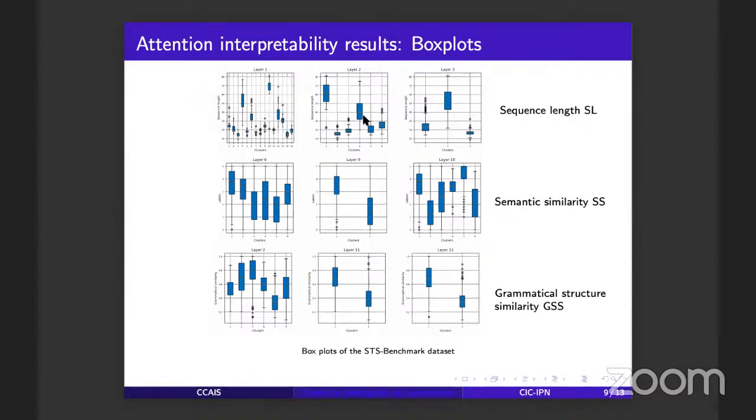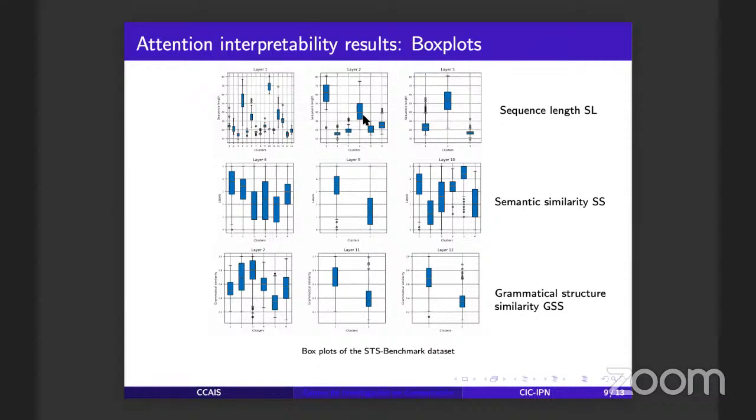The 3 clusters have different interquartile ranges, so that means that the 3 clusters are different. One cluster groups low sequence length, another middle sequence length, and the third cluster groups high sequence length. So you have 3 different clusters.